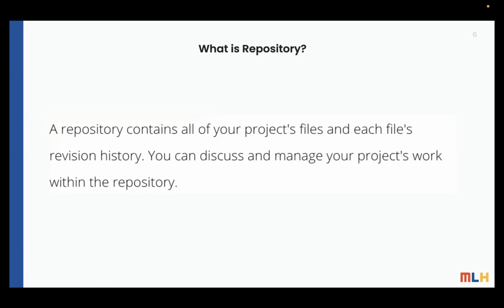This is the first point where you will have all the files, and the repository will also be responsible for managing all the version tracking and when what happened, and it will allow you to go back in time and see previous code or even rebase to that code. So that's what a repository is.